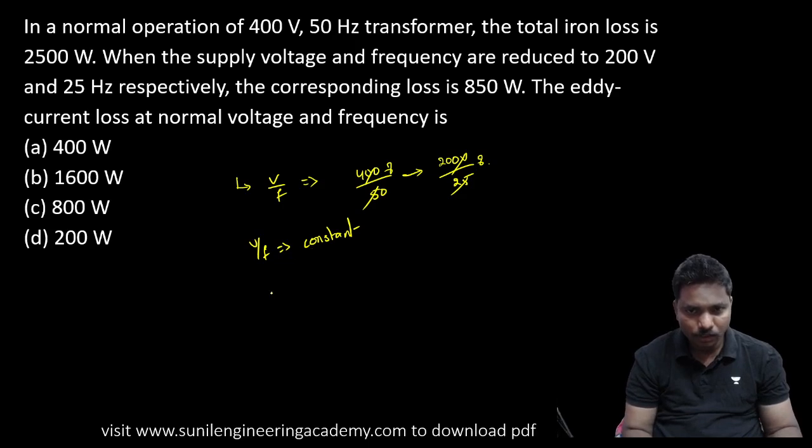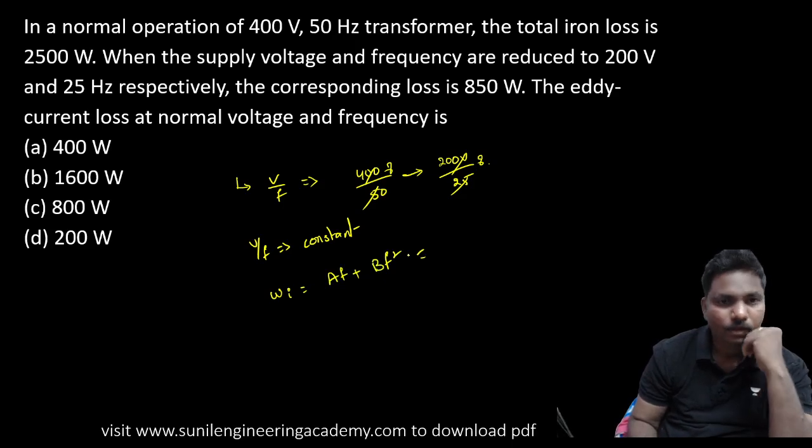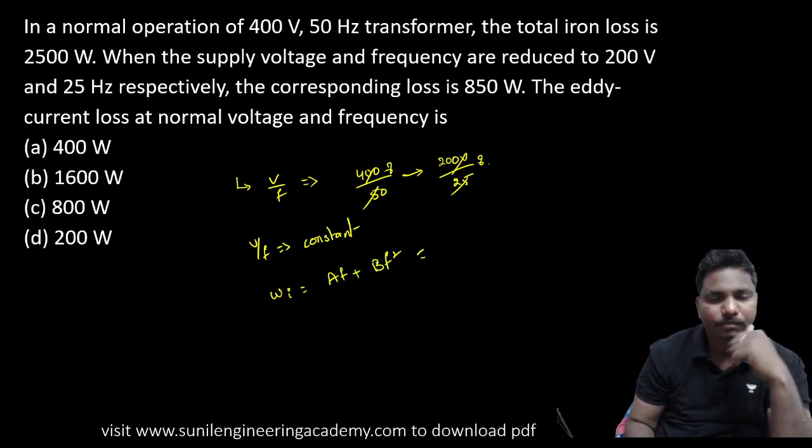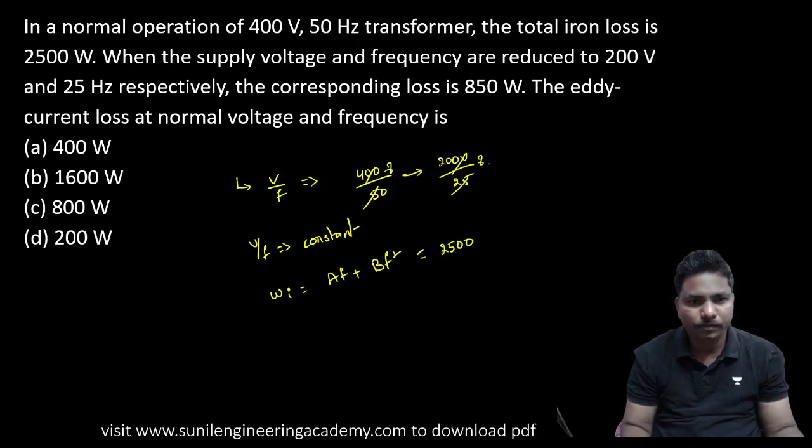Whenever the V by F is constant, the total iron losses are nothing but AF plus BF square. Initially the total iron losses are 2500.